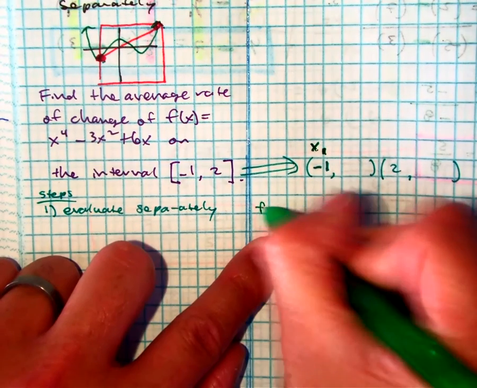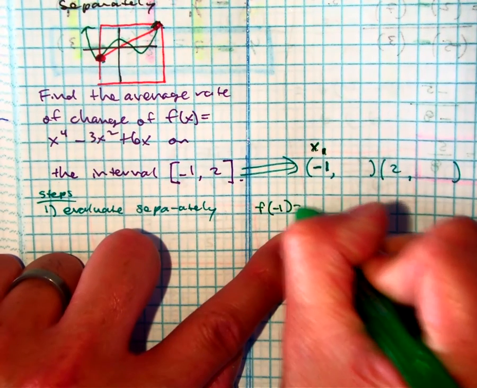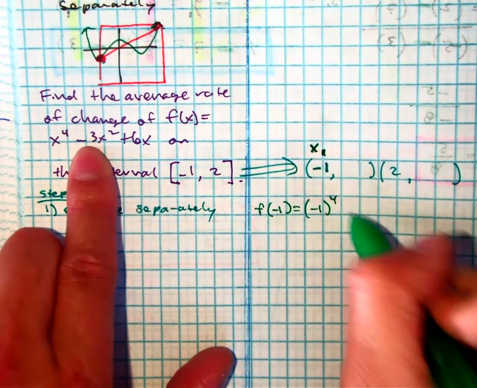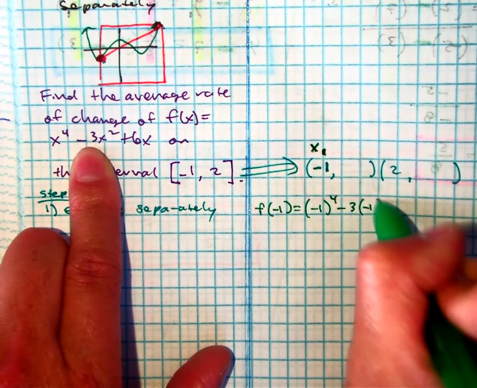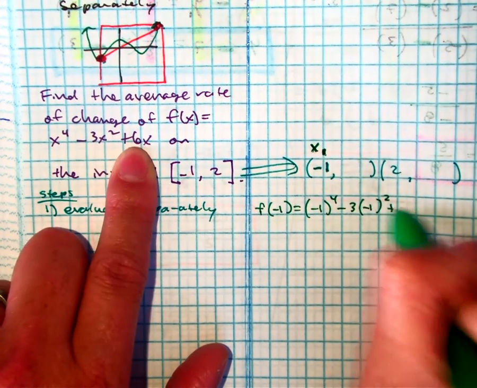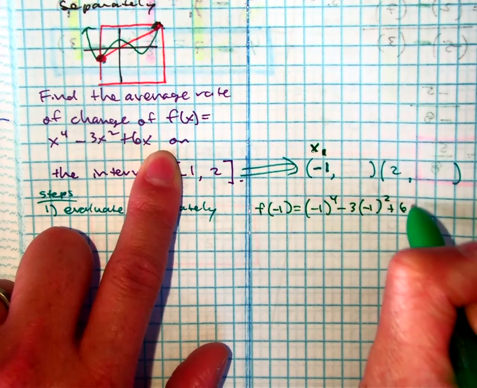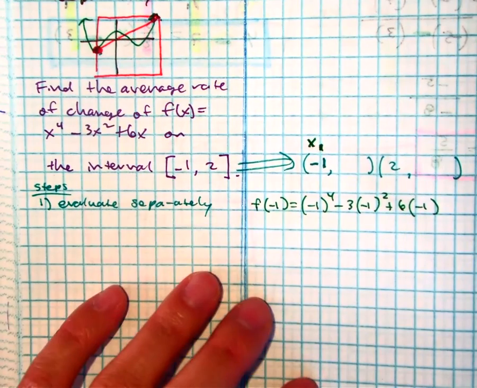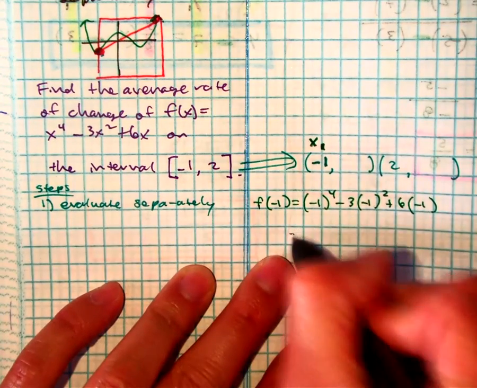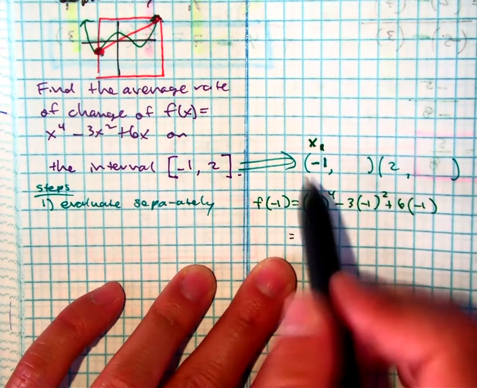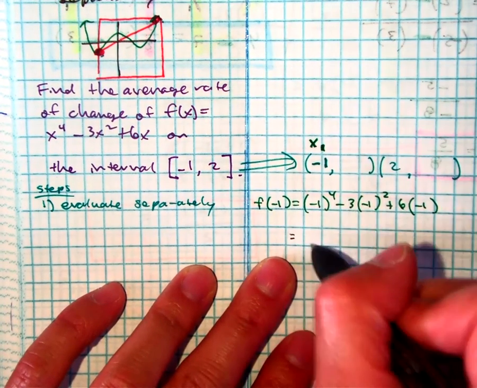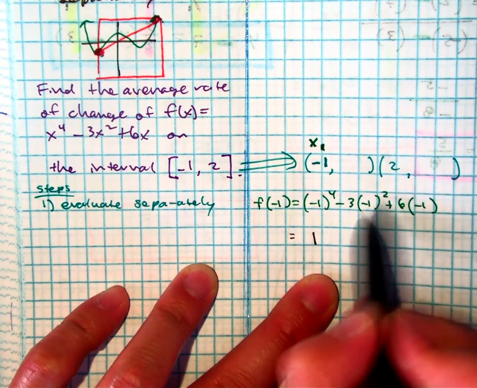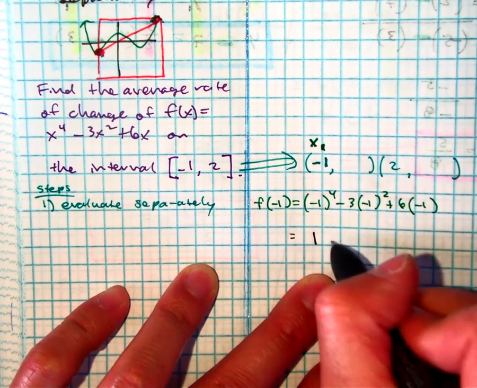So f of -1 equals (-1) to the 4th power minus 3 times (-1) to the 2nd power plus 6 times -1. And we can always use our graphing calculator to check our answers, right? Just doing that by hand: (-1) to the 4th power is just 1. (-1) squared is +1, and +1 times -3 is -3.